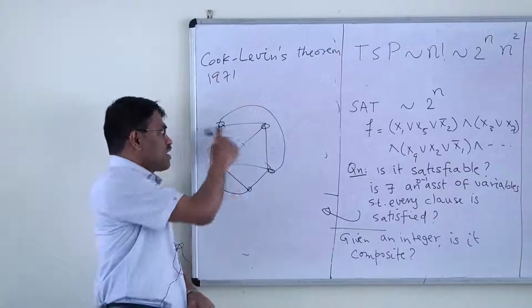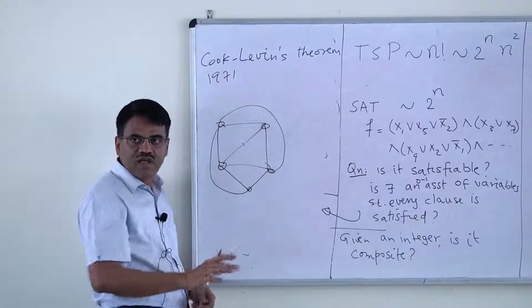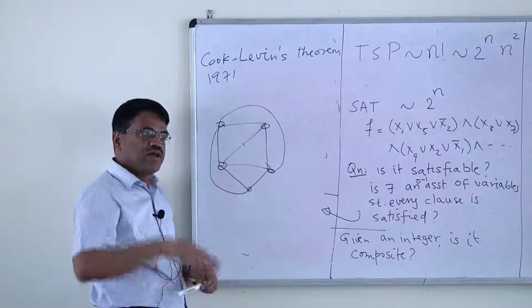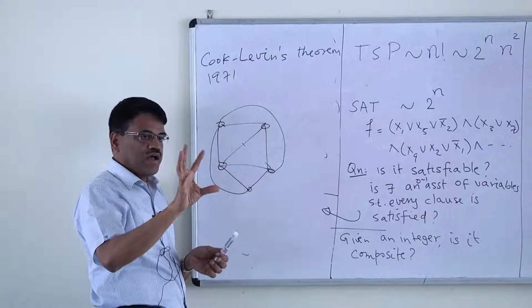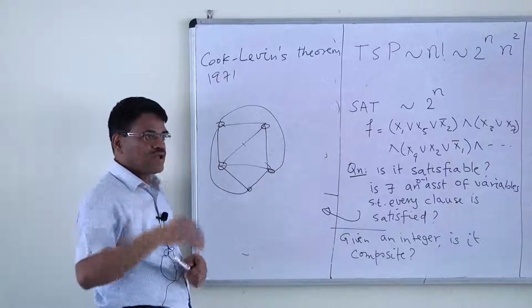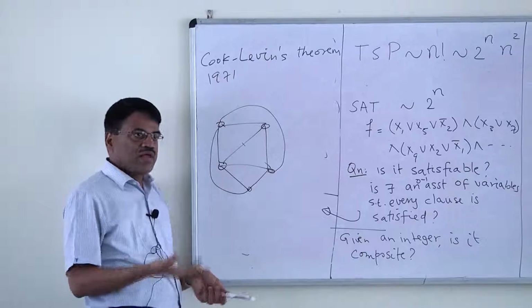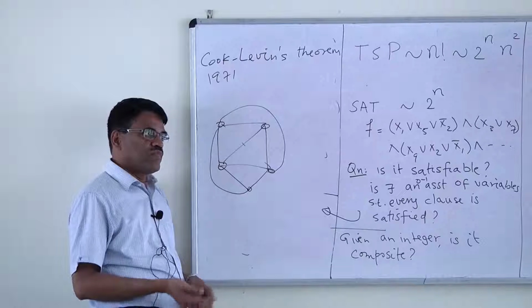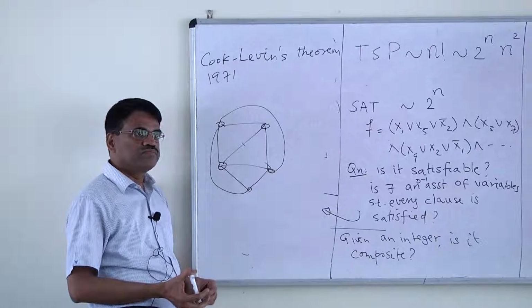So this is a complete graph on 4 vertices, but if I want a complete graph on 5 vertices, the graph is no longer planar, and there is a nice characterization which says that you cannot have K5, the complete graph on 5 vertices, sitting inside a planar graph. So the maximum clique in a planar graph can be at most of size 4. So can you find the max clique in a planar graph in polynomial time?